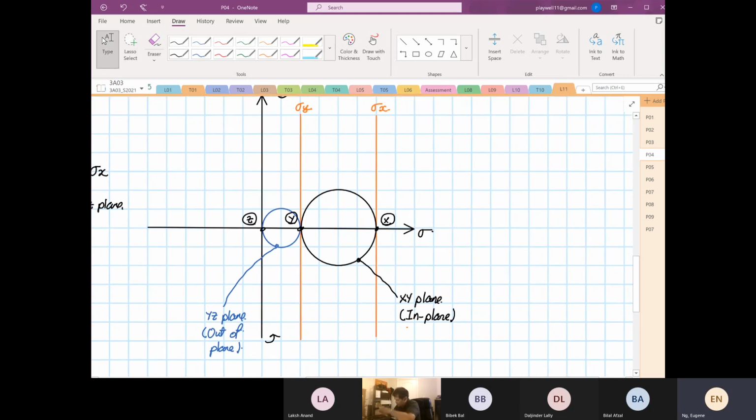So your in plane, let's do this also. So for your in plane, this is your tau max. Okay. So this is your maximum stress for XY plane.